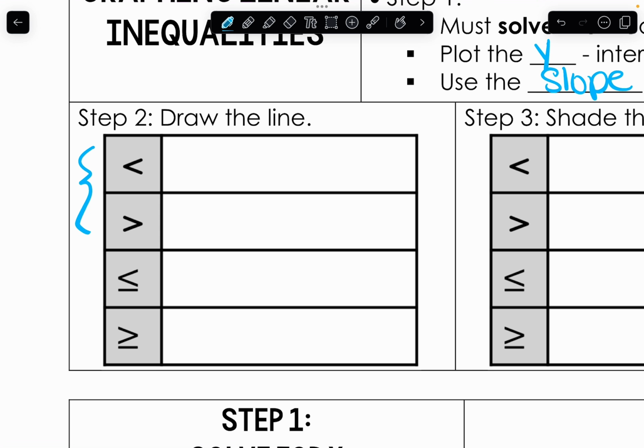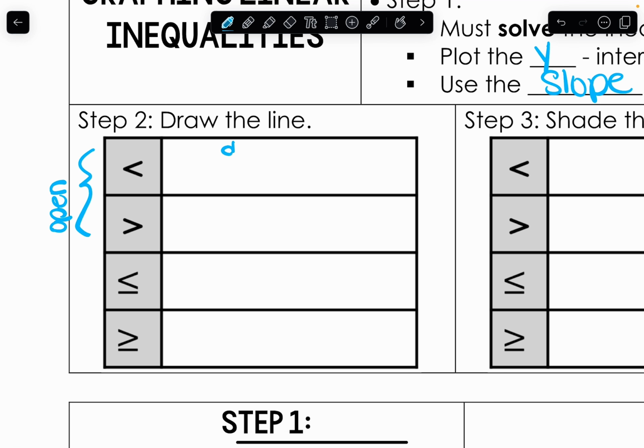Since these are considered open circles, when we first looked at solving inequalities, we said that they were open circles because they're not underlined, they're not included. When we're drawing the line, these are going to be dashed lines. So the line is not going to be connected.